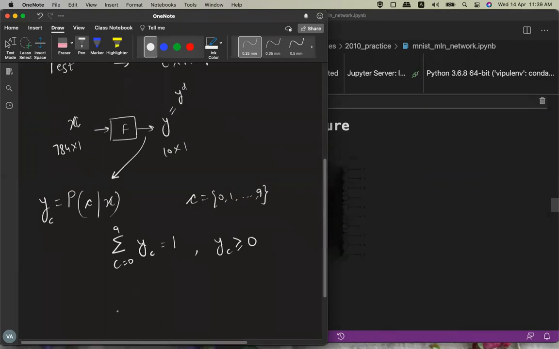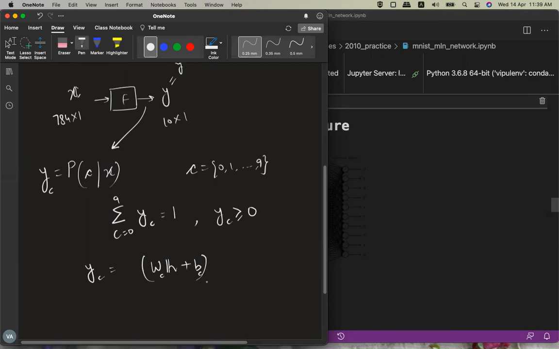Now if my yc is simply some w times some hidden layer, let us call it h, plus b, for the cth neuron, then this does not make any sense, because this number cannot be constrained to be between 0 and 1 and sum up to 1. That's why we use a trick.